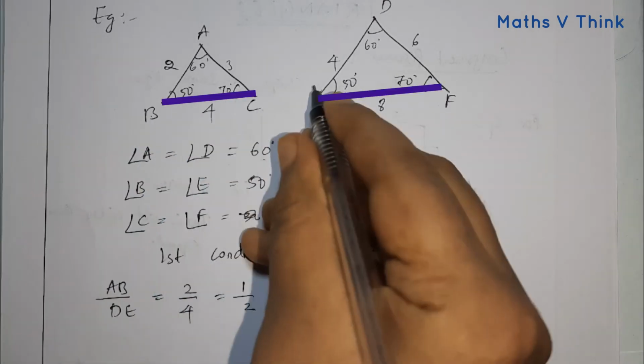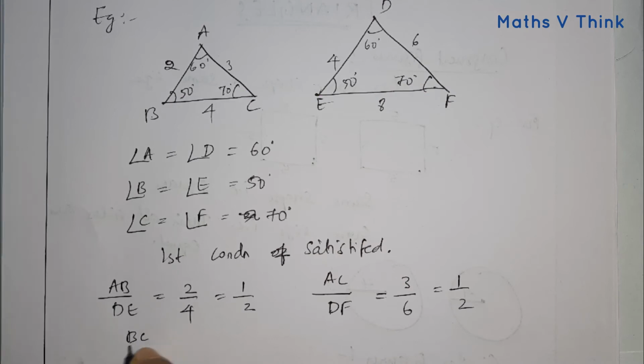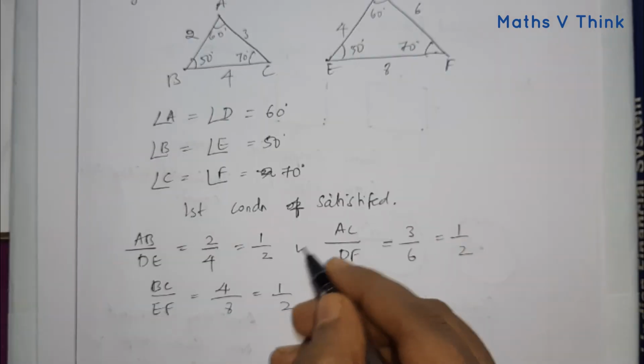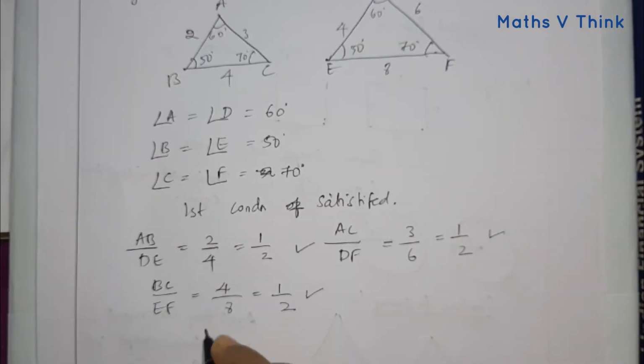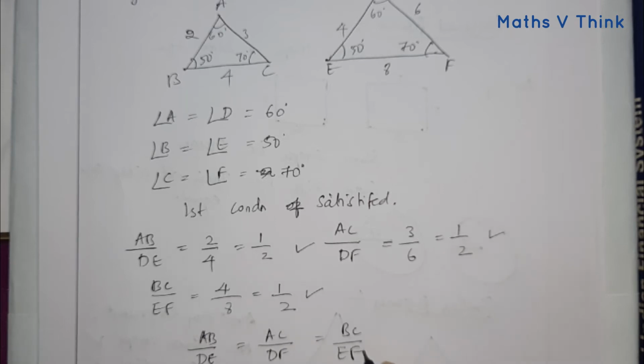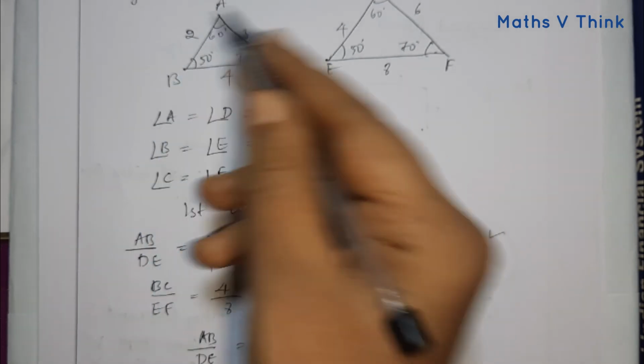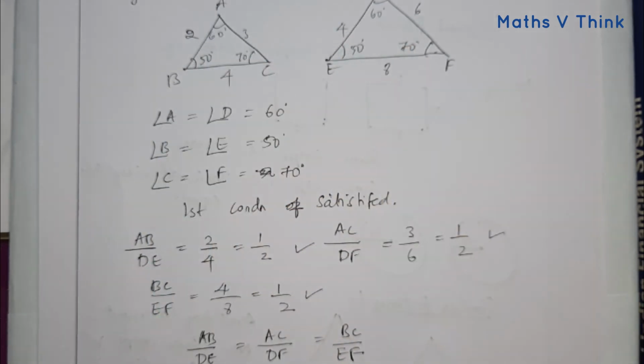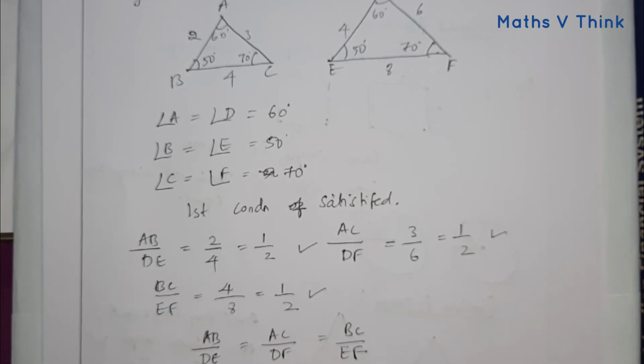Same way BC by EF is 4 by 8, which is 1 by 2. So AB by DE is equal to AC by DF is equal to BC by EF. Now I can tell all the corresponding sides are in the same ratio. So our second condition is also satisfied.